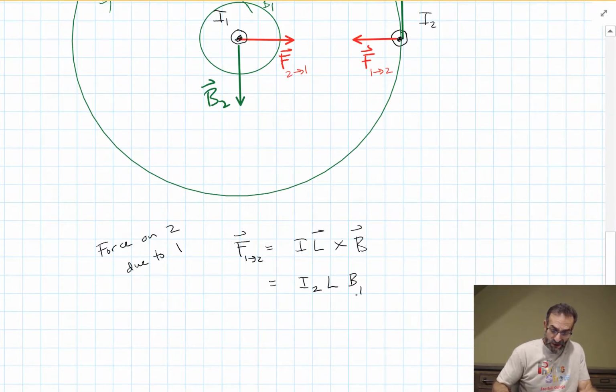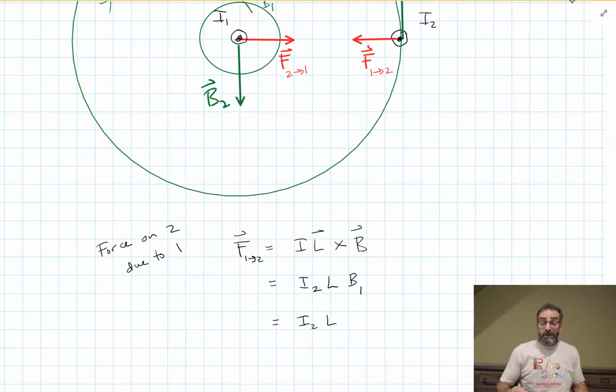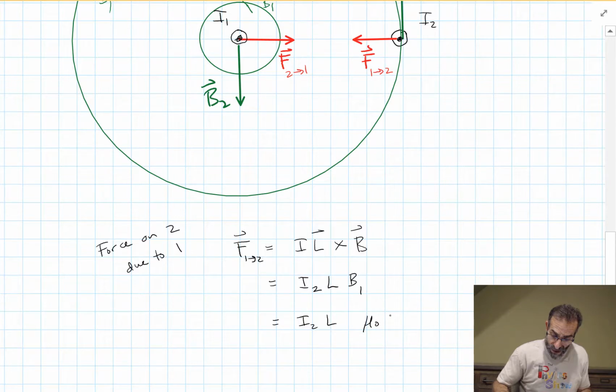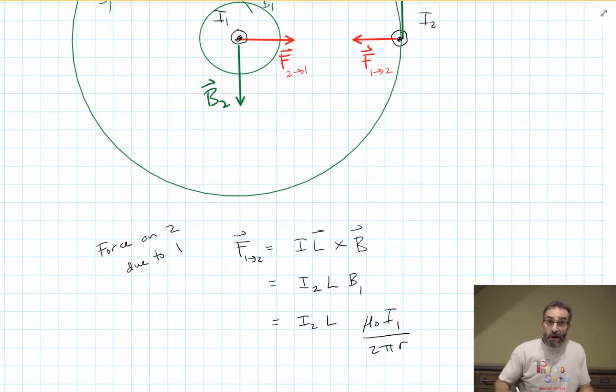What is the magnetic field at the location of wire 2 due to wire 1? If these are long infinite wires, we know the result. Mu naught I, which I? I from wire 1, that's the one that's filling the space with the magnetic field, over 2 pi r, where r is the distance between these two wires.